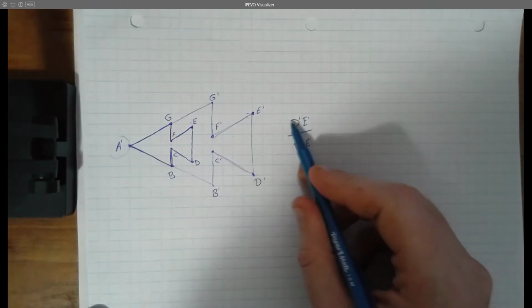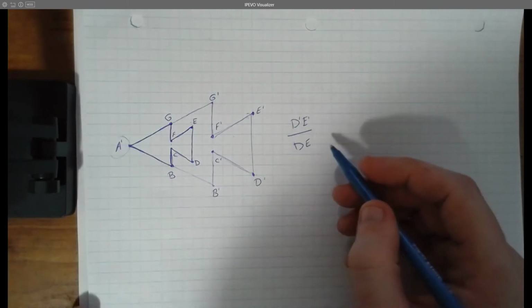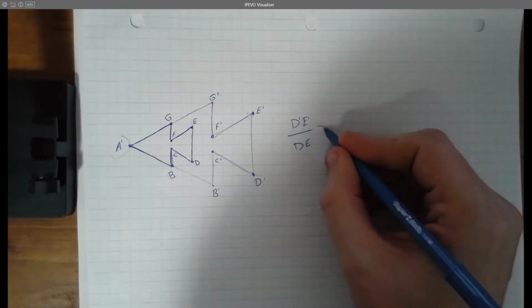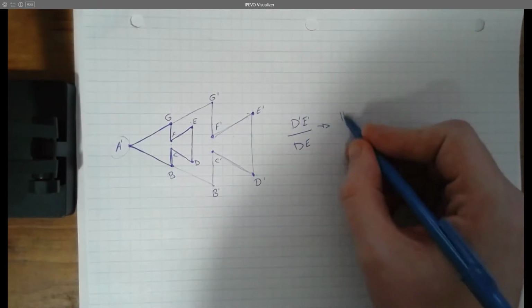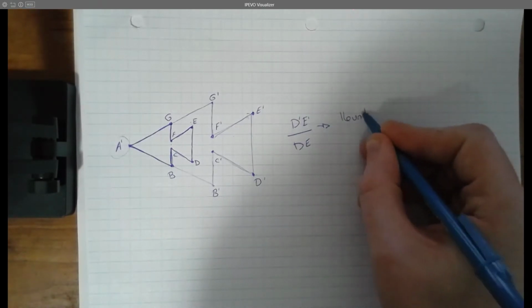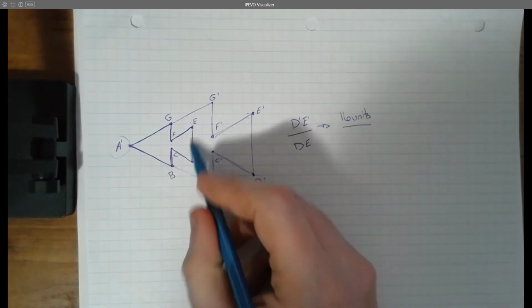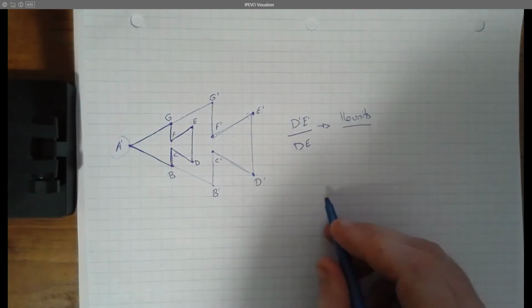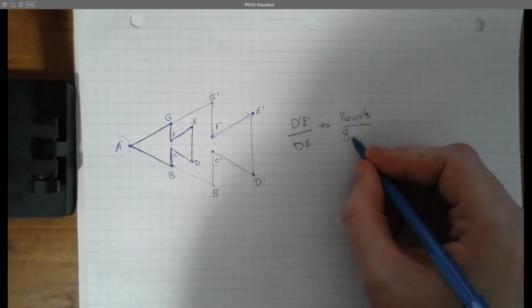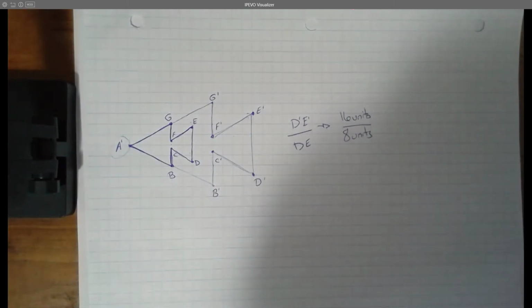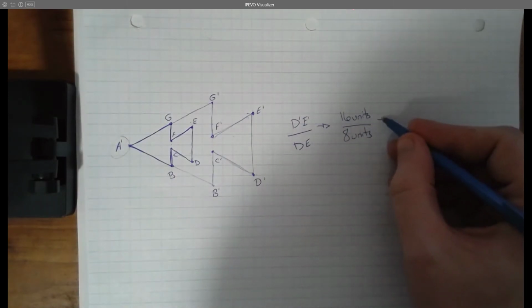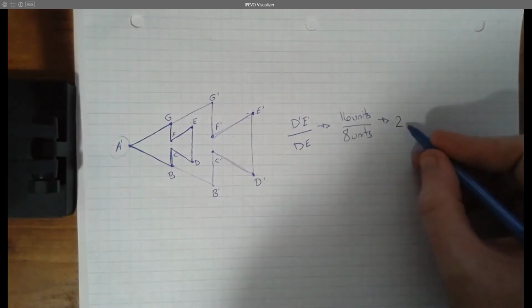You'll notice this one has the ticks, it's the image, this one does not. In the textbook it tells us that DE is 16 units over this DE of the original shape, which is only 8 units. When we divide those two, we get a scale factor of 2.